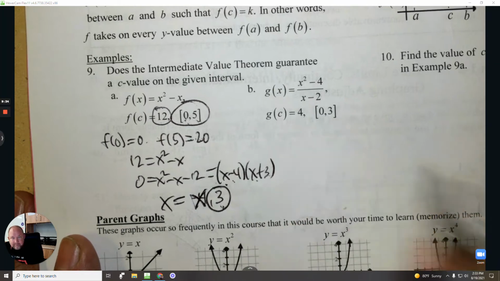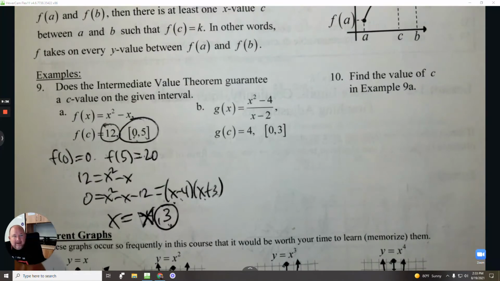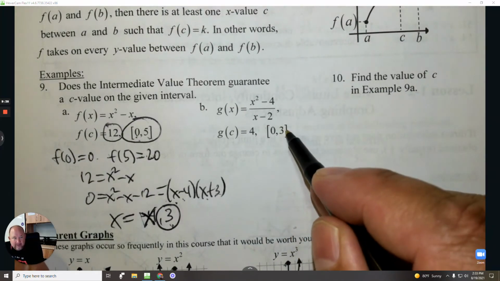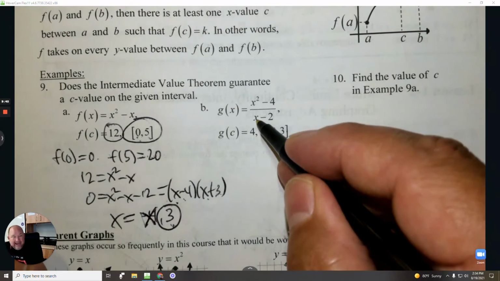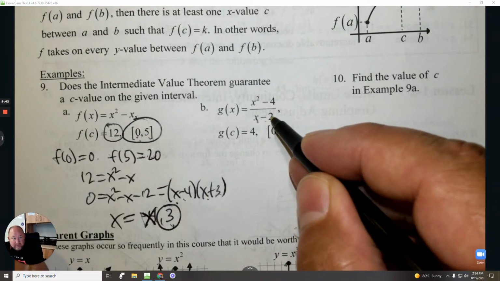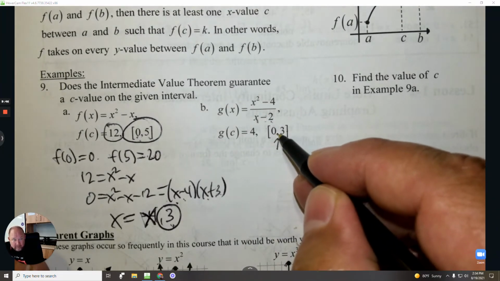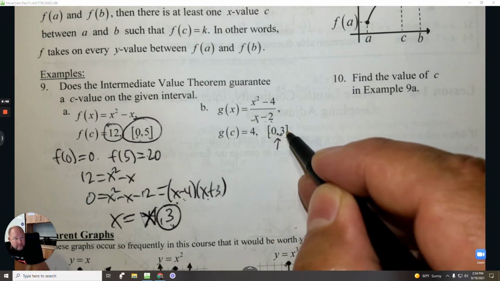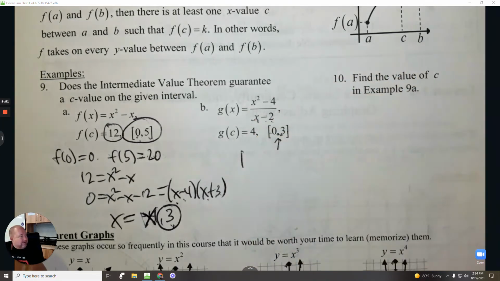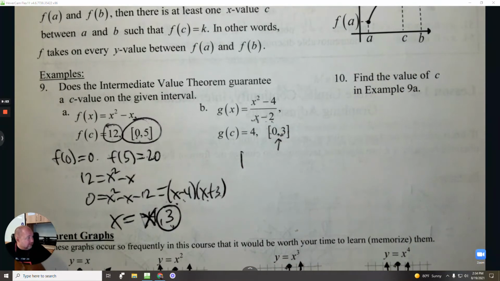For B, between 0 and 3, there's a discontinuity at 2. 2 take away 2 is 0. It's not continuous. 2 is in that domain restriction, right? 2 is between 0 and 3. So the intermediate value theorem does not apply because it's not continuous.